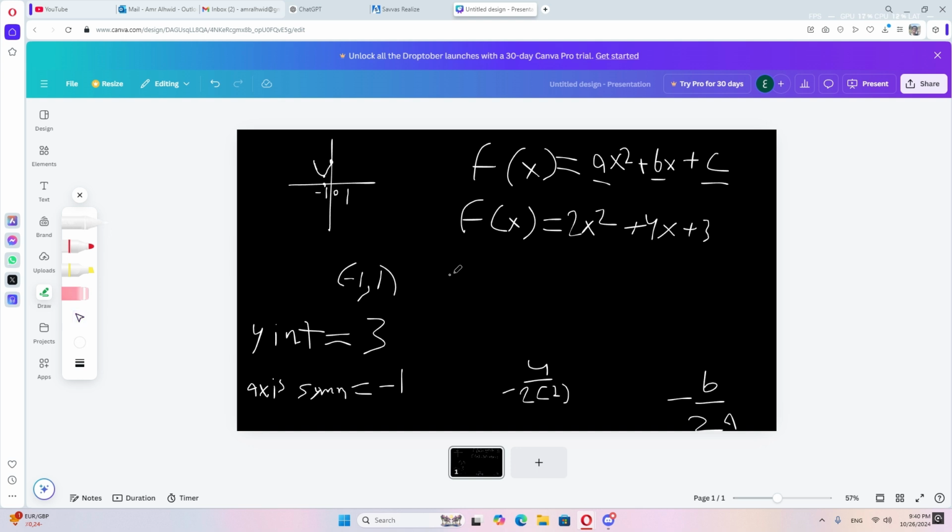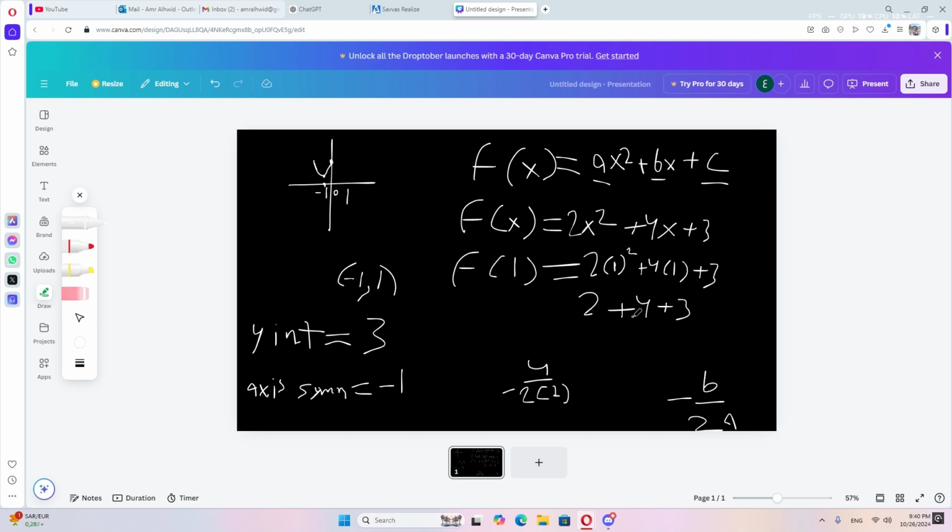So f of 1 is equal to 2 times 1 squared plus 4 times 1 plus 3. So 2 times 1 squared, you will get 2, of course, and 4 times 1, you will get 4, plus 3.